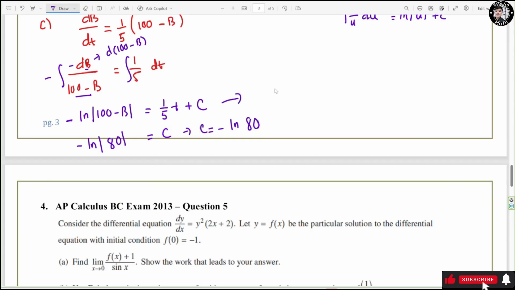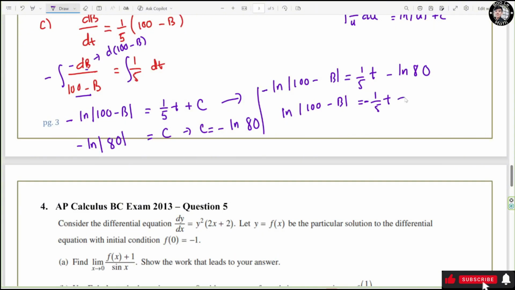Then the equation becomes negative ln of absolute value of 100 minus B equals 1 over 5 t minus ln 80. Now I'm going to multiply both sides by negative 1. So this becomes ln of absolute value of 100 minus B equals negative 1 over 5 t plus ln of 80.